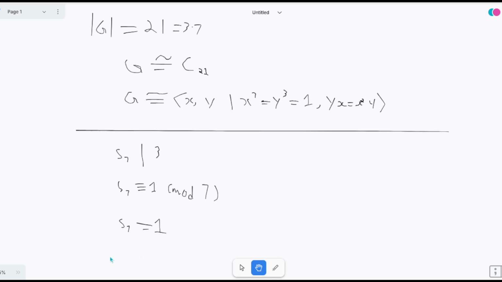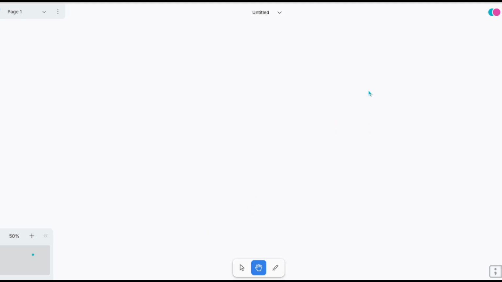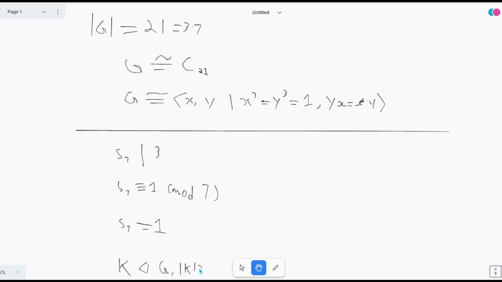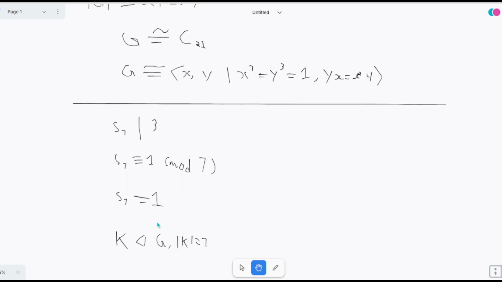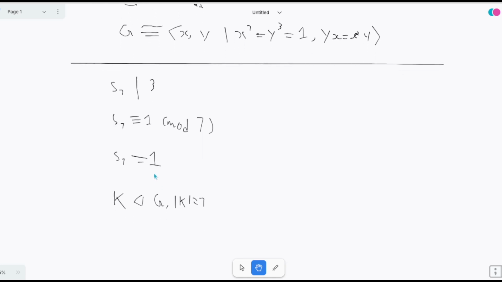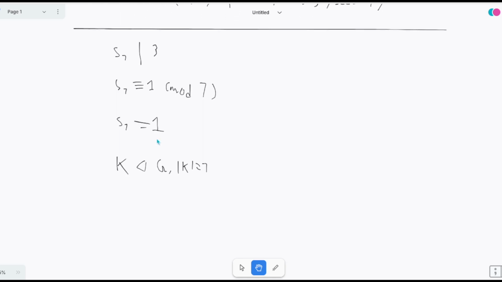So let's call this group K, which is a normal subgroup of G with order 7. And because it has, sorry, the mic just fell.